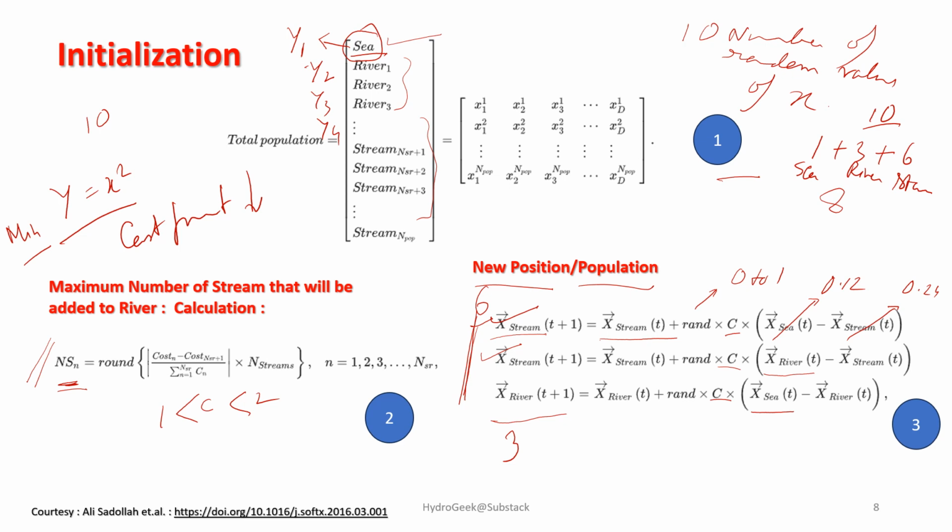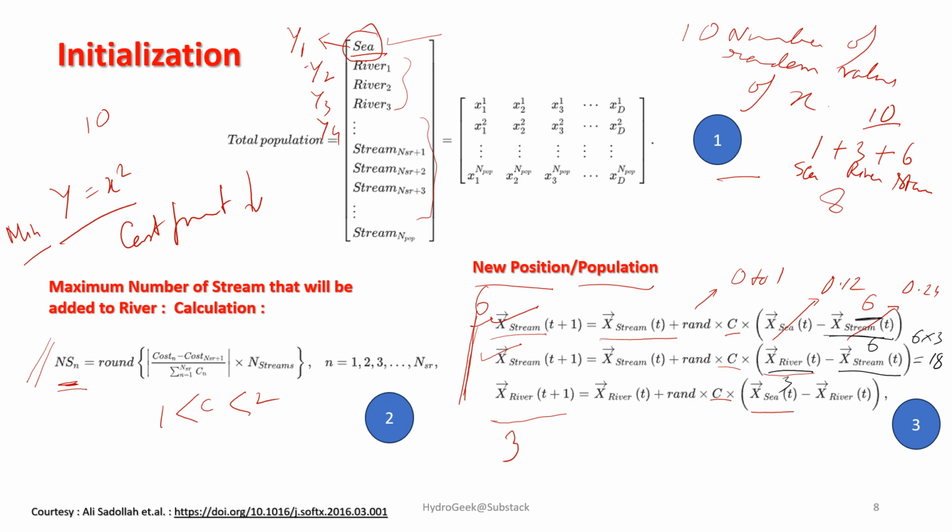So actually what you can do is generate from here 6 values and from here 3 into 6 values, correct? From here, if you can observe, 6 different values of x stream we already have. And here we already have 6 stream, but there are 3 different values of rivers also. So 6 into 3 is 18.